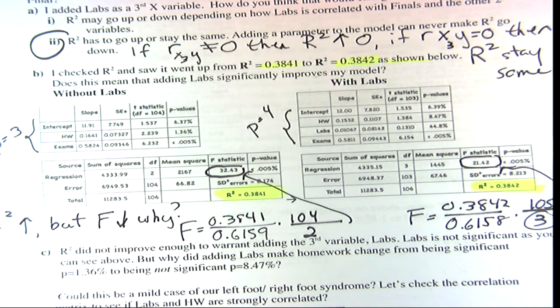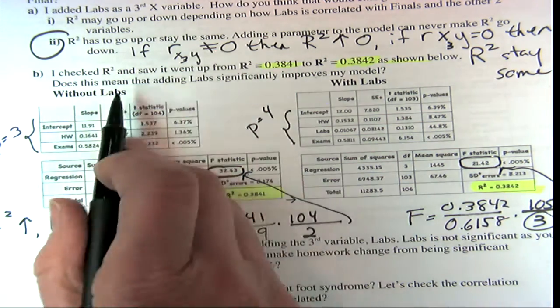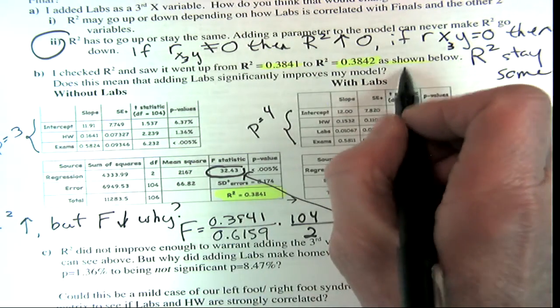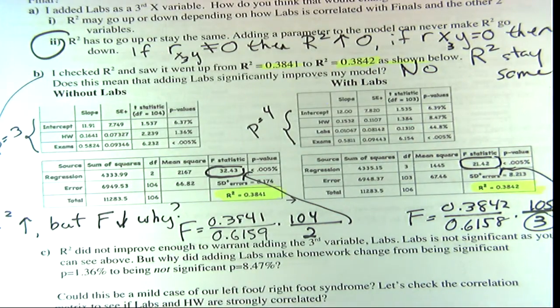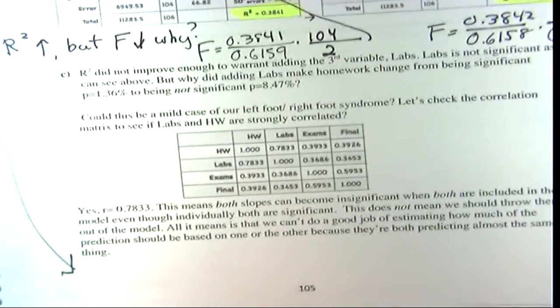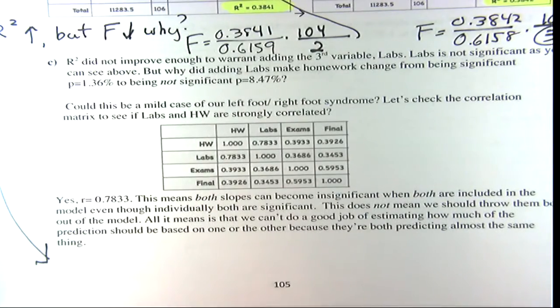Maybe we should write that down. So does this mean significantly? No. What does it mean? Let's go down here because this is a very important point. I don't have room there. So let's just write the idea behind it.